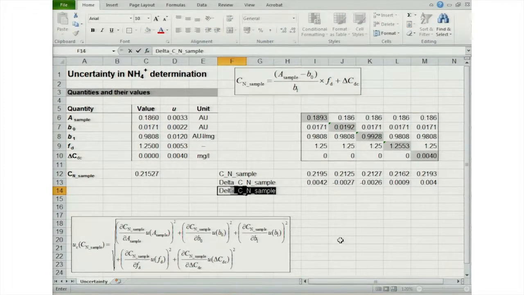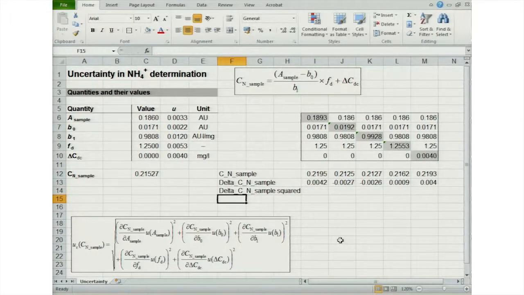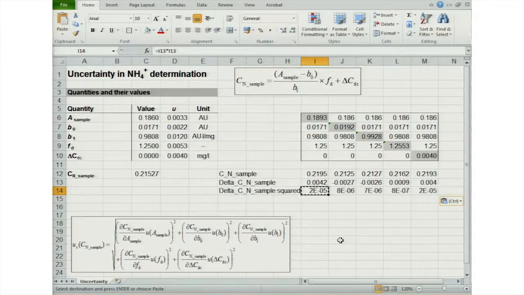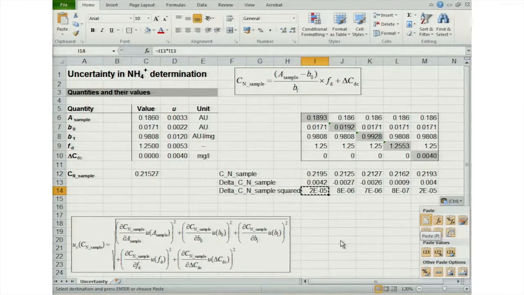And we calculate the squares of all those uncertainty components. Okay. We simply multiply them by themselves to make it easy.